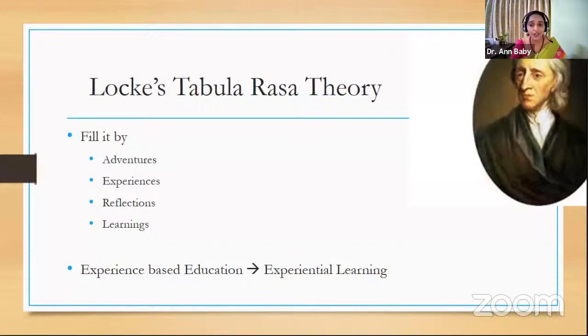And then it is our duty in our journey of life: you see your surroundings, you talk with others, and then you fill it with adventures, experiences, reflections, and that is how you get learnings. It was at this point of time, the late 16th, 17th century, that a concept called experience-based education came up. You get things from around your surroundings, and then you fill your empty slate of mind. That is where the initial concept of experiential learning came up.